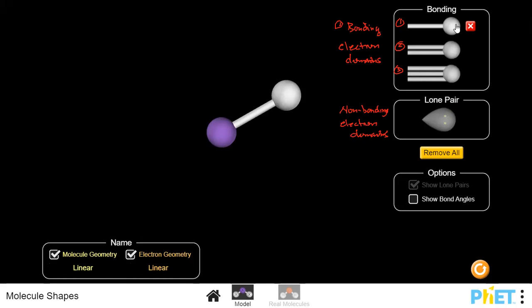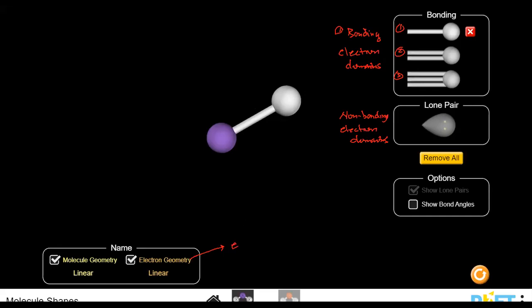The electron geometry here takes into account all electron domains. So when we talk about how they repel each other, we're counting all electron domains. With the molecular geometry, we are only taking into account the bonding electron domains. That's the key difference.